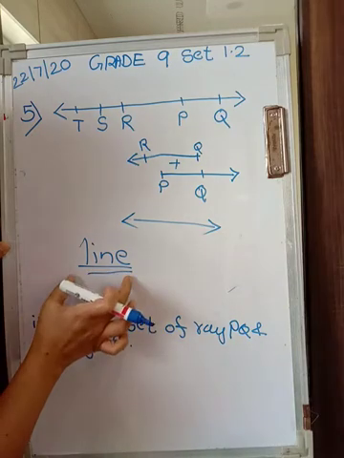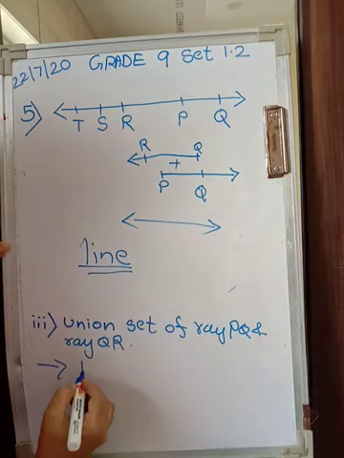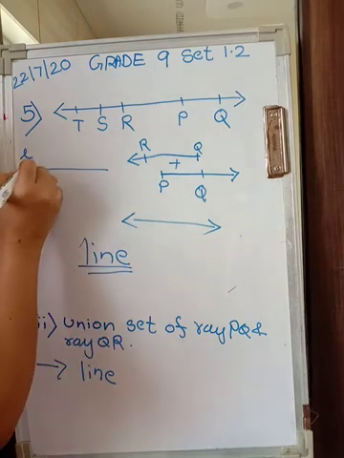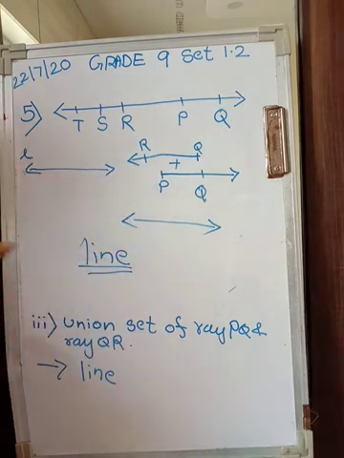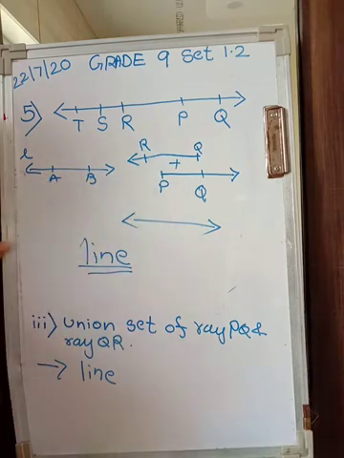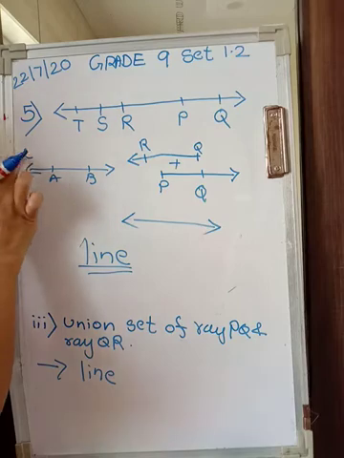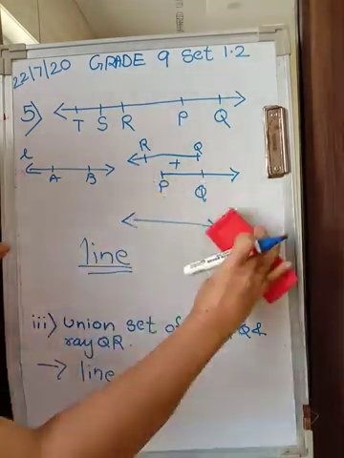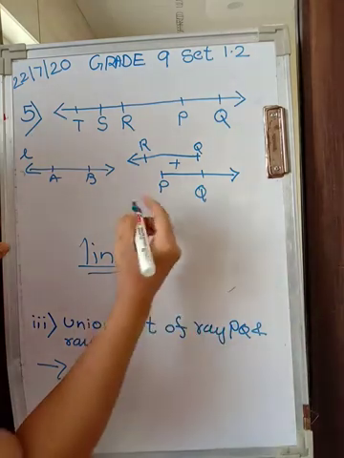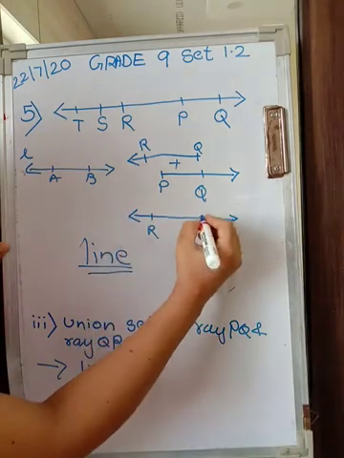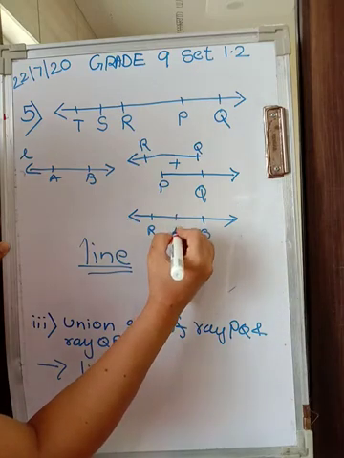Now to label the line, your answer should be line. Name you can give anything. See, for example, this is line L. In geometry we have learned, if I put 2 points over here A and B, we can say line AB. Line AB is same as line L. So there are 3 points on this. If you mix together this, what we are going to get is like this. So here is R, here is this point Q, and here is this point P.